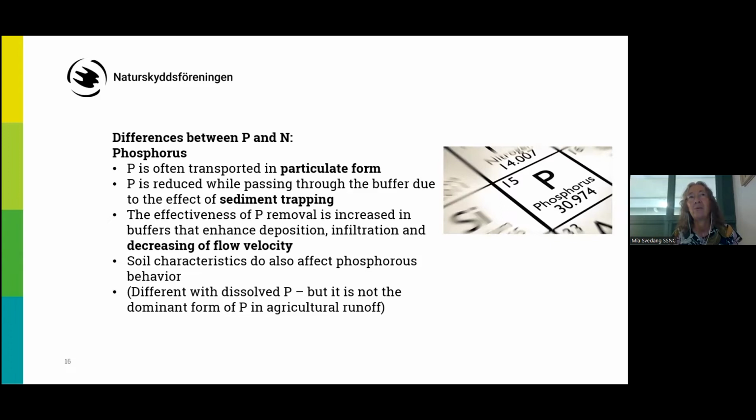So it's important that there is no oxygen deficit in the area. The processes are different with dissolved phosphorus, but it's not dissolved phosphorus that is important. Usually the phosphorus comes in particulate form. So that's really the most important process when it comes to phosphorus.